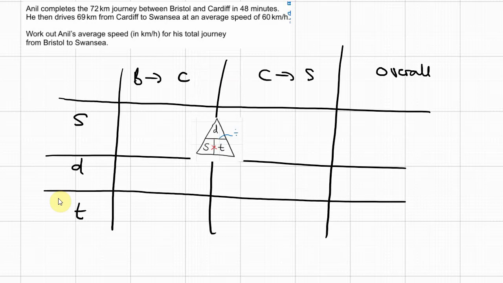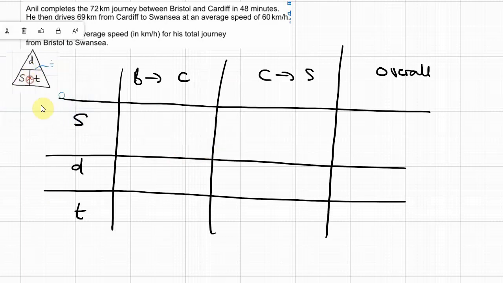This column is the speed from Bristol to Cardiff, this is the distance, this is the time. Then the speed, distance and time of Cardiff to Swansea. This is the overall journey from Bristol to Cardiff, then to Swansea: the total distance, the total time, and the total average speed. Let's start filling this in, and I'll cross it off as I go.